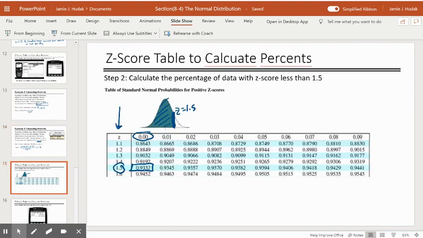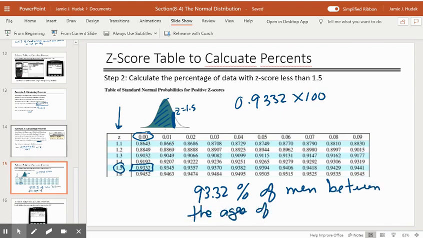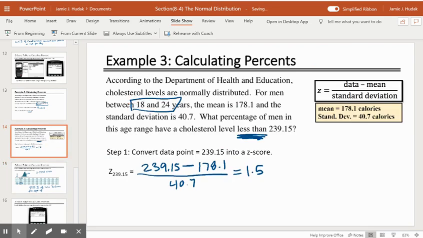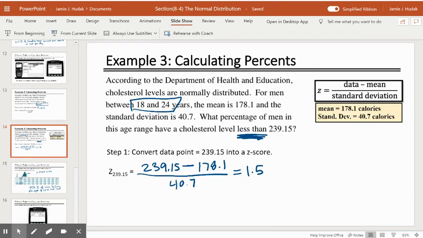So there's our answer, 0.9332 times 100 gives us 93.32% of men between the ages 18 and 24 years old have a cholesterol level less than 239.15.